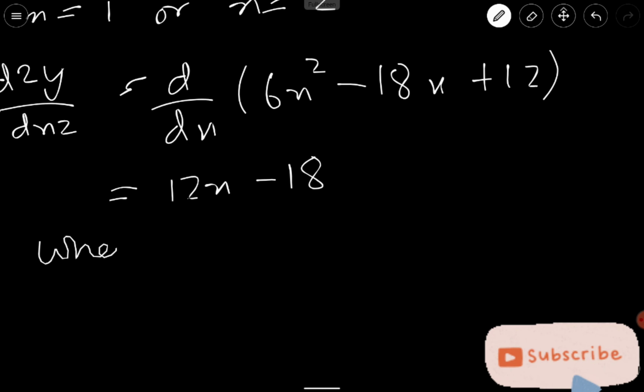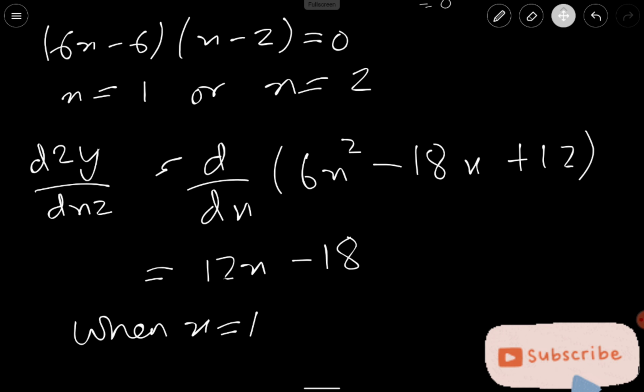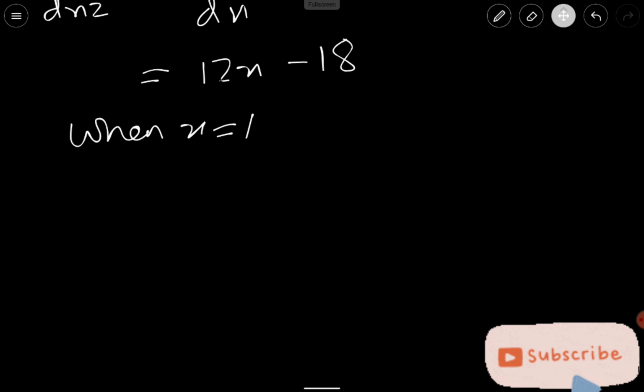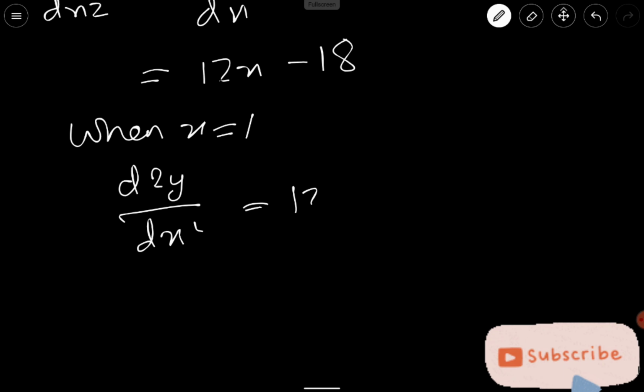We first consider x equal to 1, and then secondly we will take x to be 2. So when x is 1, d2y/dx2 will be equal to 12 minus 18, which is minus 6.